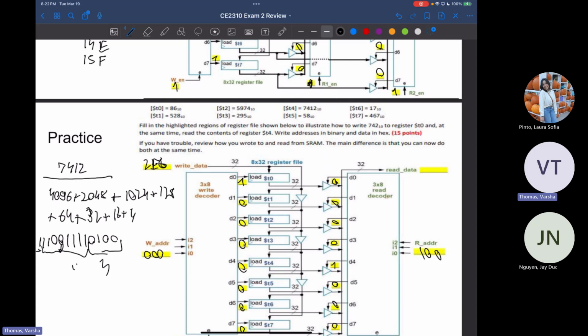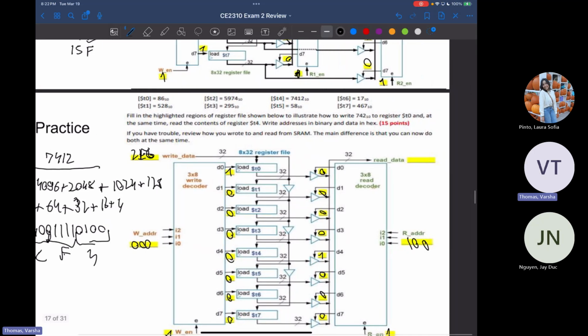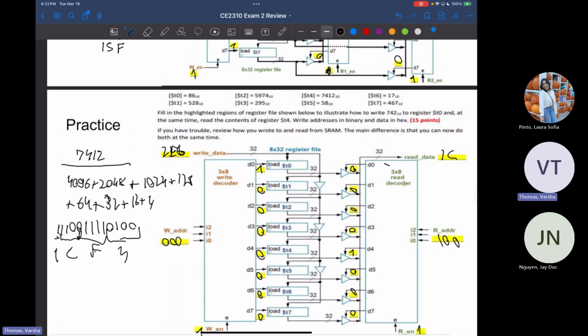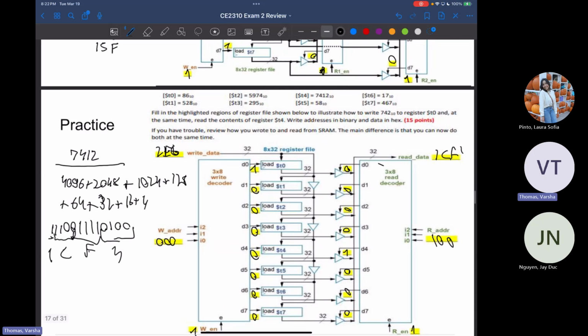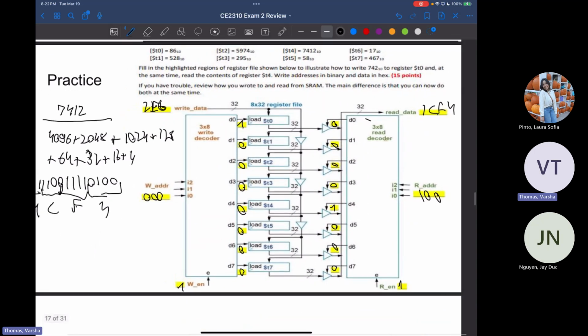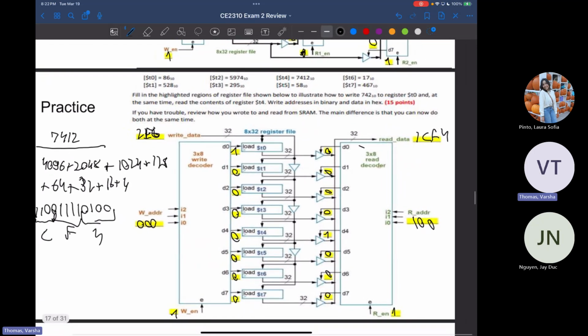We have a 15 here, which is F. And we have a 1 at the end. And over here, we just have a C, because that's 12. So our read data will be 1CF4. And that's all we have to do for this register.